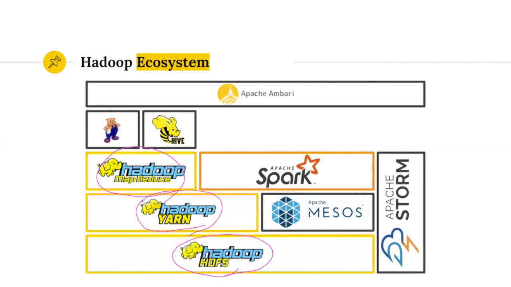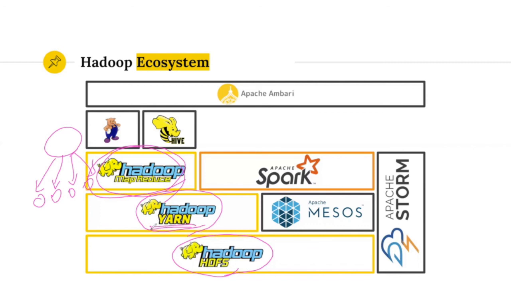MapReduce is not like a program or a software. It's more like a computing methodology that basically splits a task into multiple parallelly executable subtasks. Okay. And then send it over to Yarn.